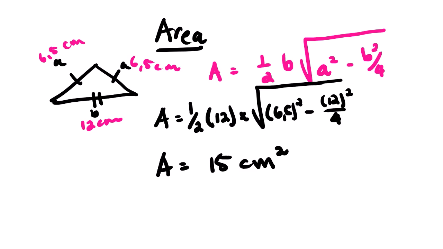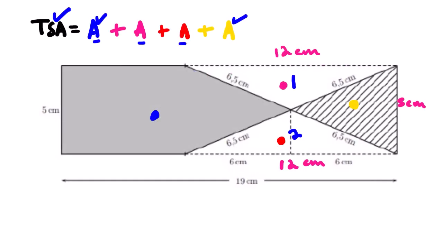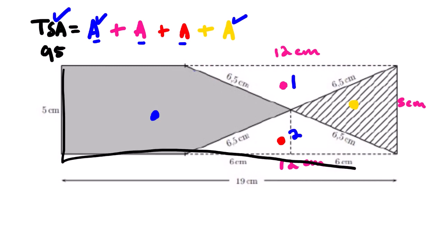So from this, we have 95 for the entire figure, 95 centimeter squared. For the blue one we don't have it, and for the pink one we have 15 centimeter squared. Also here we have 15 centimeter squared.